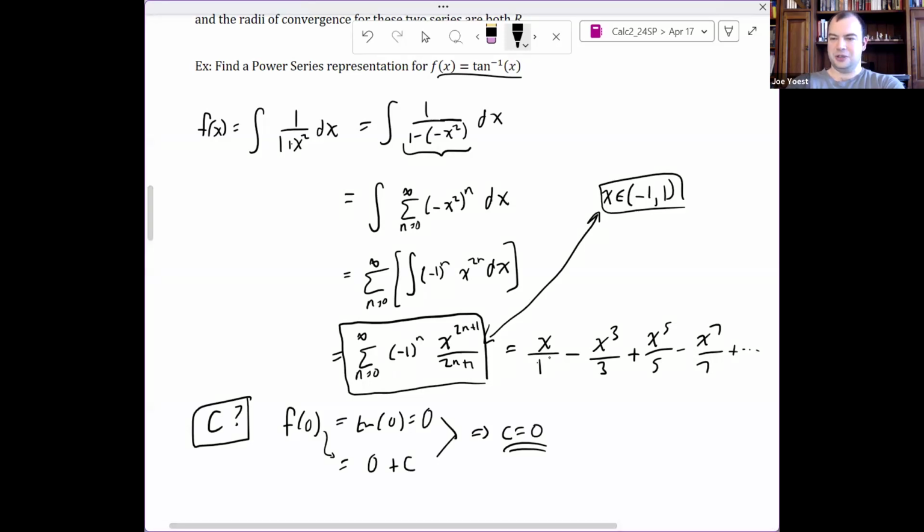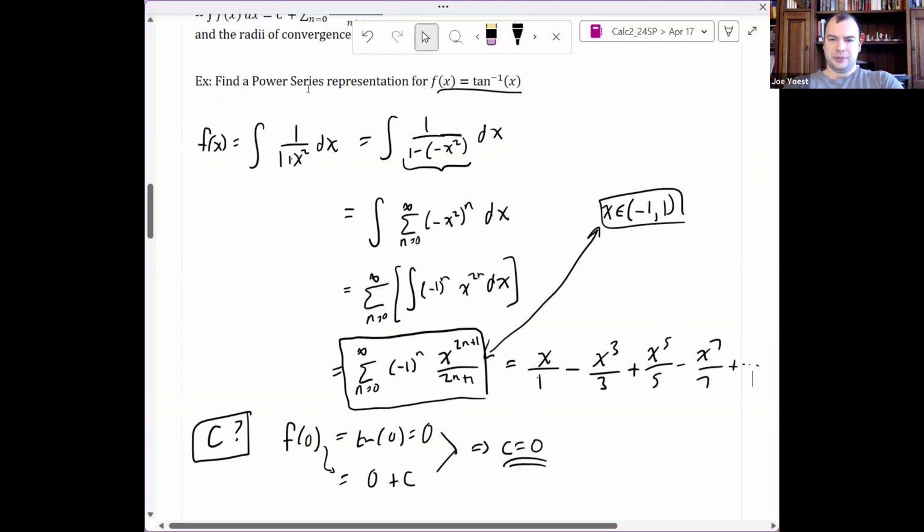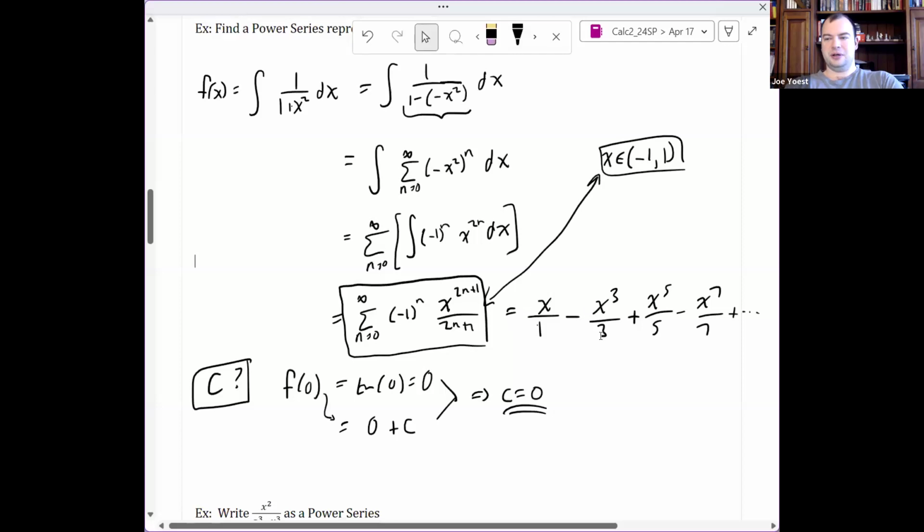I guess I don't need the x over 1, but I put it there so we could continue the pattern. So there's a power series representation for arctan x: x minus a third x cubed plus a fifth x to the 5th minus a 7th x to the 7th, and we can see the pattern.